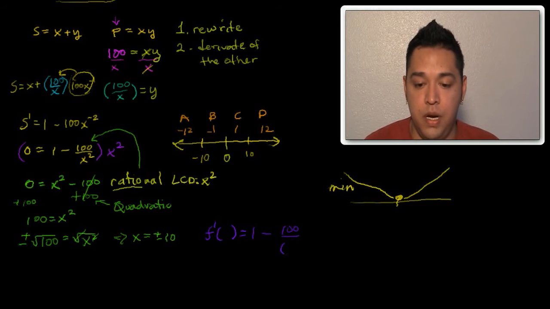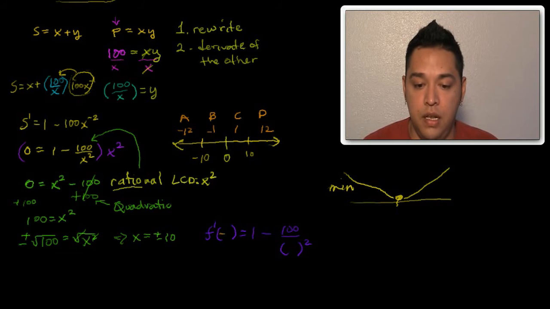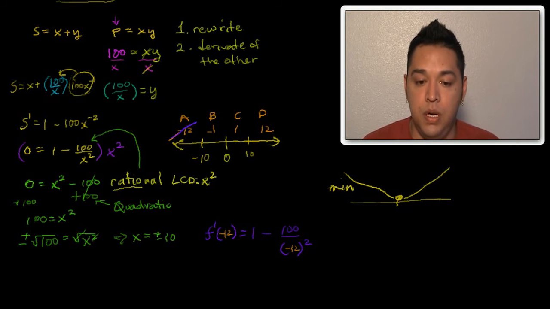I'm going to leave a little spot here so that I can plug in a number. My test points go here, like negative 12. What happens if I square negative 12? That's going to be 144. 100 divided by 144, since the 144 is larger than the 100, this is going to be less than 1, so the result is going to be positive. So I'm going to be upward sloping here.